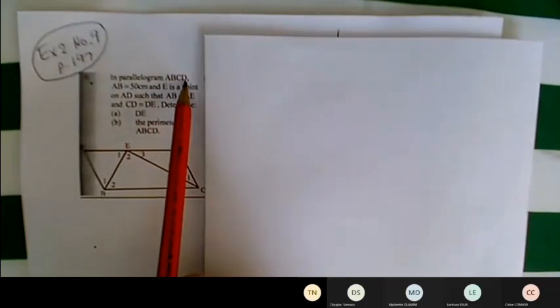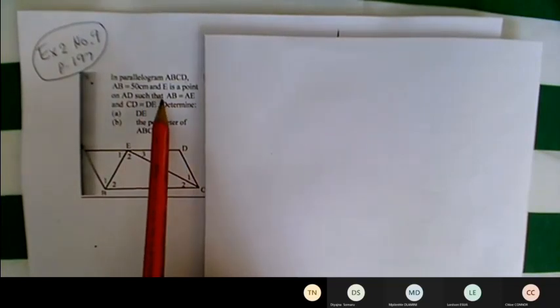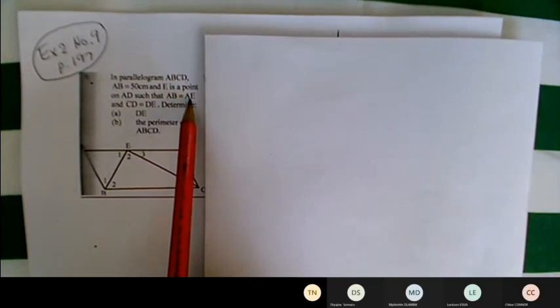So we said it was exercise 2, number 9, page 197. It says in parallelogram ABCD, AB is equal to 50, and E is a point on AD such that AB is equal to AE.